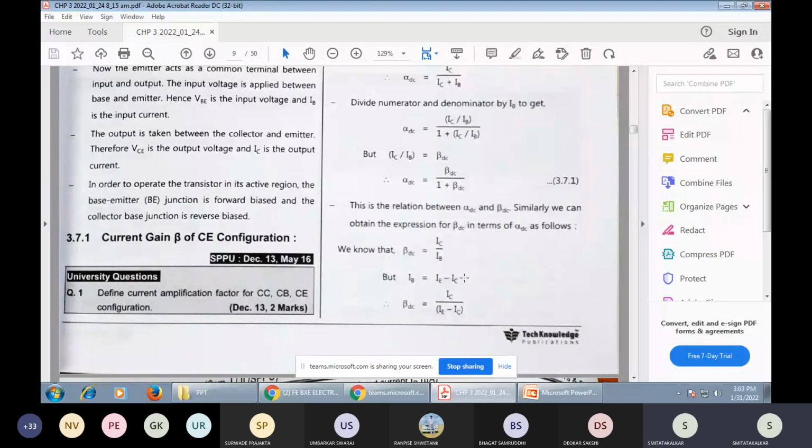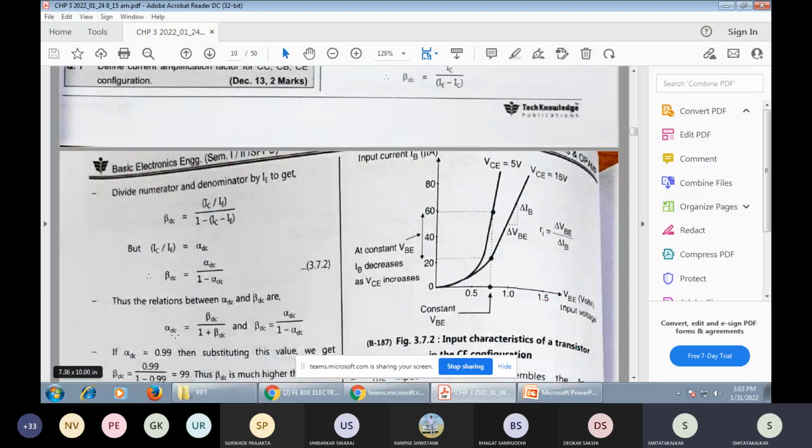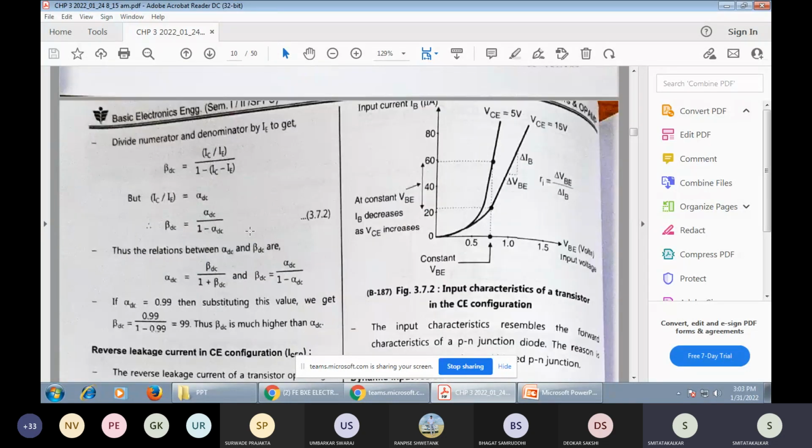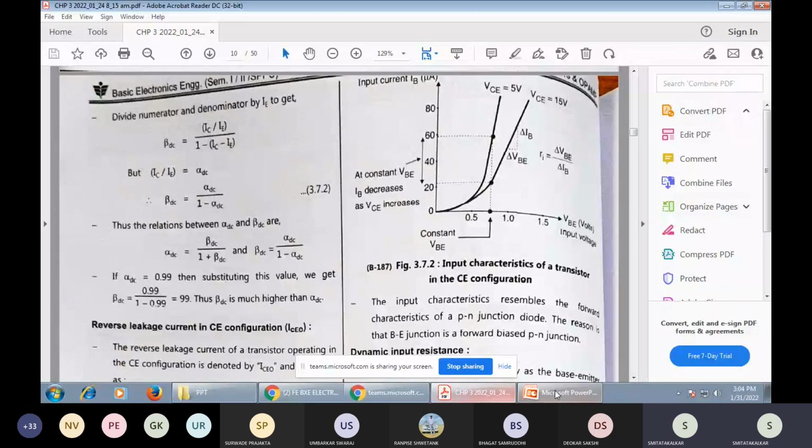And this value you can put in the numerator and denominator divided by IE, to find out the beta DC. Alpha DC is less than unity, say 0.9. Substituting 0.9, you get beta DC as 9, higher than alpha DC. This is the CE configuration.